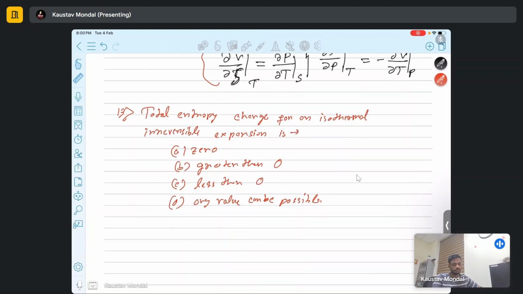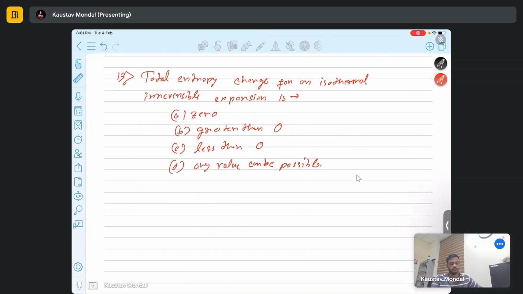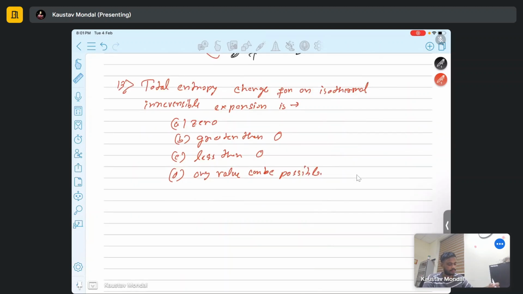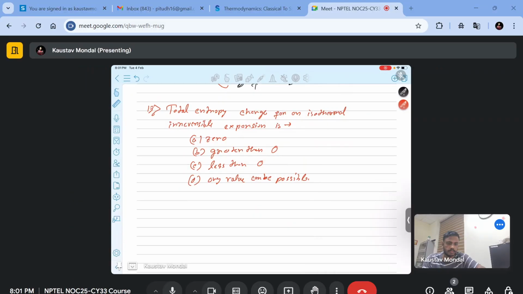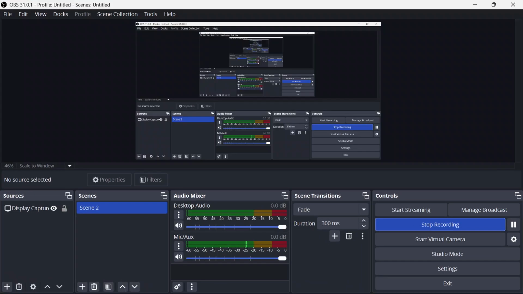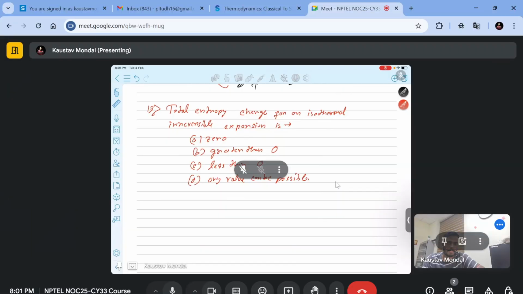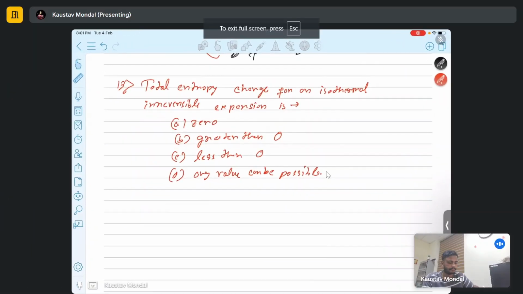Isothermal irreversible process, total change in entropy. So isothermal means for this process dT was 0.